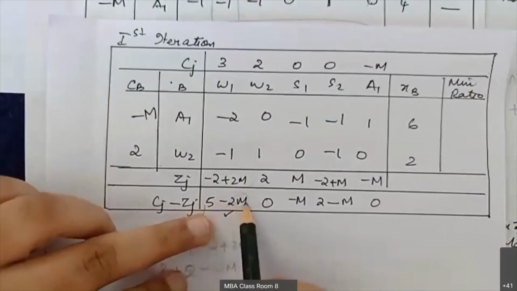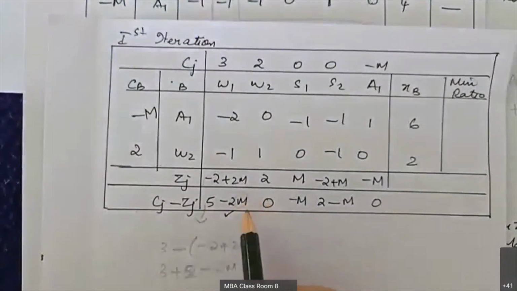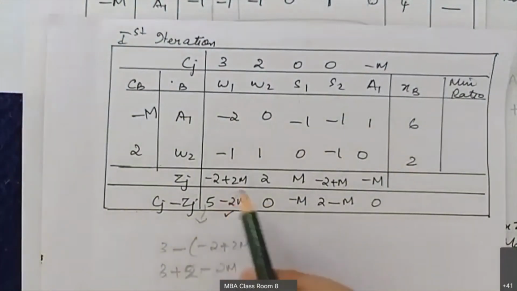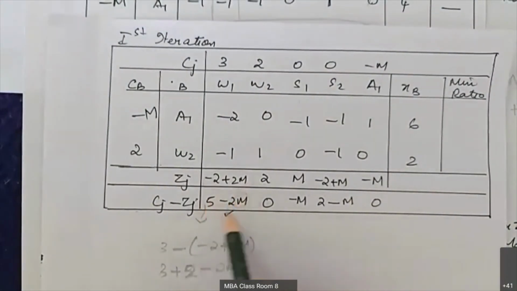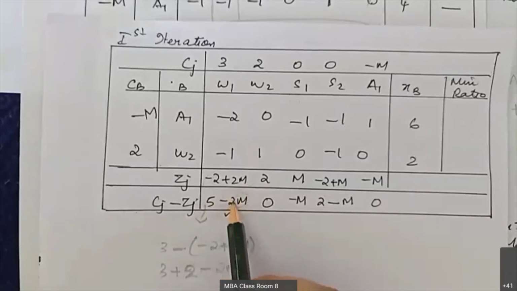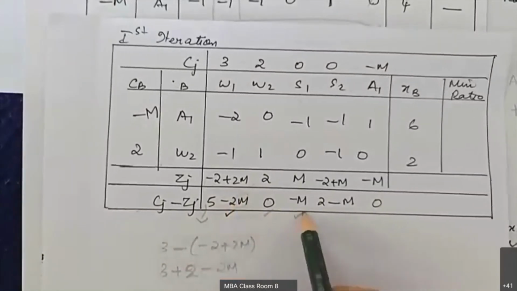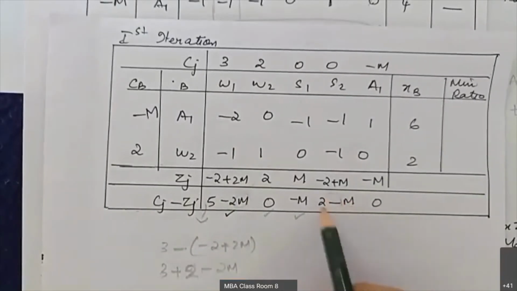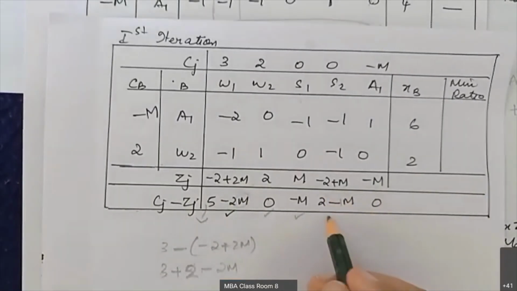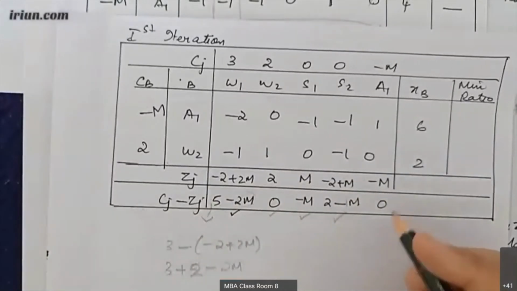Any number that has the M value with it, you need to consider the coefficient only of the M value. Here M has a coefficient of minus 2, so entirely this value is going to be a negative number. This is 0. This is minus M, a negative number. Over here also it is 2 minus M, so it is minus 1 over here. Entirely this is going to be a negative number. So 2 minus M is a negative number.